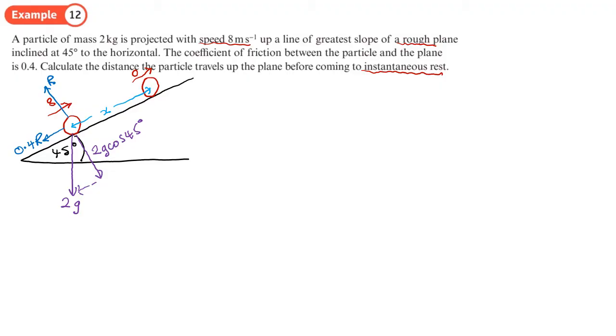Right, so first thing we want to do is work out what the frictional force is. Well, before we do that, we need to work out R. So if we resolve perpendicular to the slope, we'll get R equals 2g cos 45.